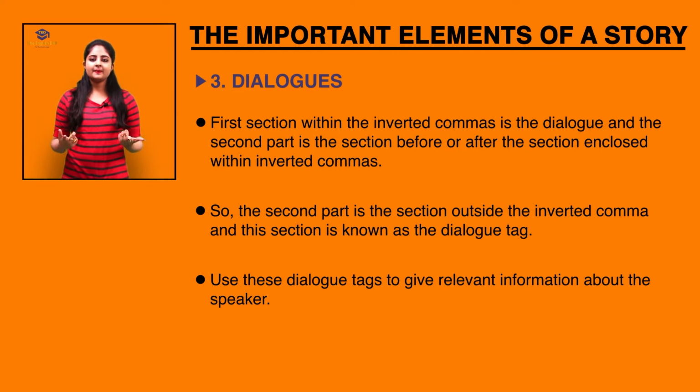For example, let's take one of the dialogue examples I just mentioned. "Help me please," she cried, clutching the envelope tightly in her hand as though her life depended on it. So what do we get to know about the speaker here?